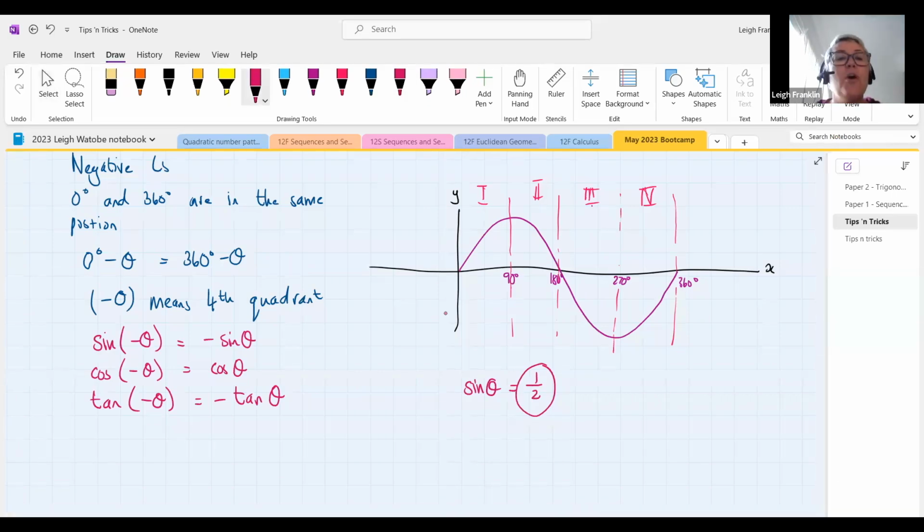So for example, at 30 degrees, if that was 30 degrees over here, then that would be equal to 1 over 2. All right, so that's why we say that sine theta is positive in quadrants 1 and 2 and negative in quadrants 3 and 4 because the graph is below the x-axis.